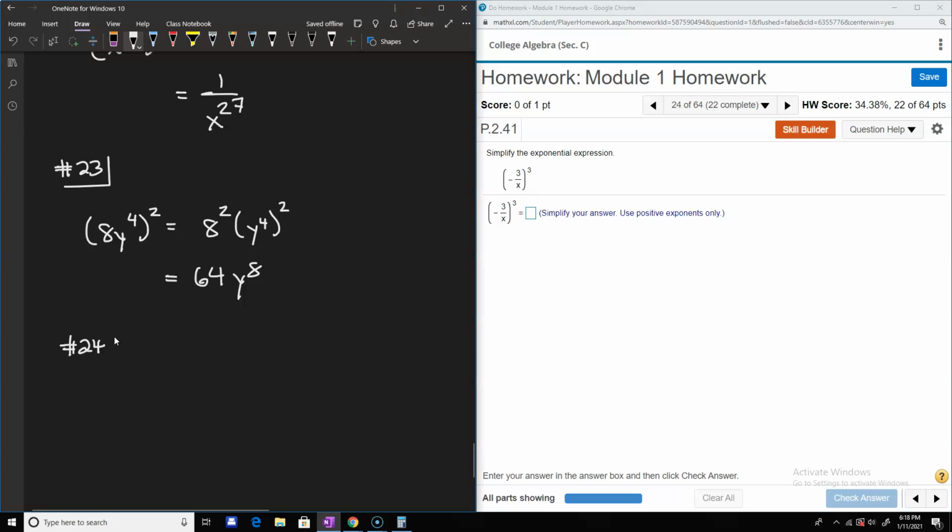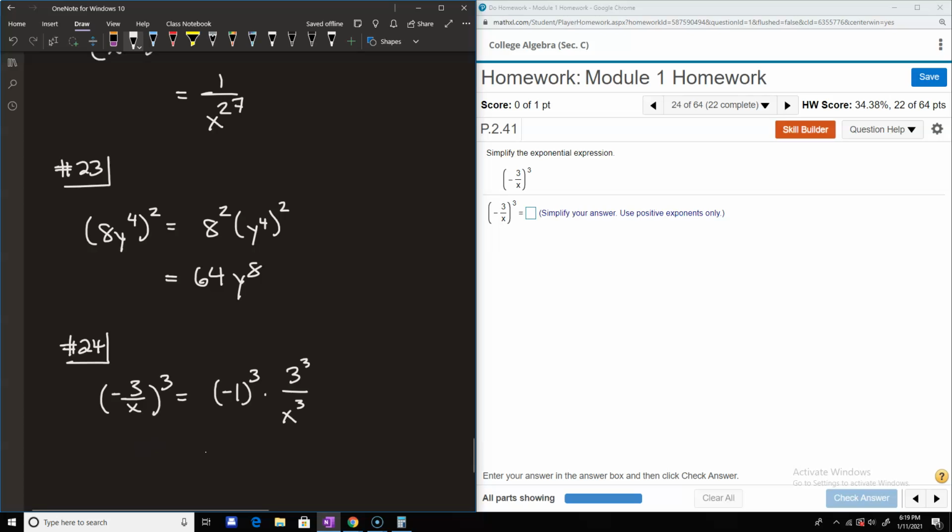Okay, so something similar here for number 24. We need to apply that exponent of 3 to all the relevant parts inside the parentheses. So you may think of it as 3 parts. Well, we have the negative in front, so you could think of that as -1. So we have -1 to the 3rd. We have the 3 on top of the fraction, so you could do 3 to the 3rd. And then we also have the x on the bottom of the fraction.